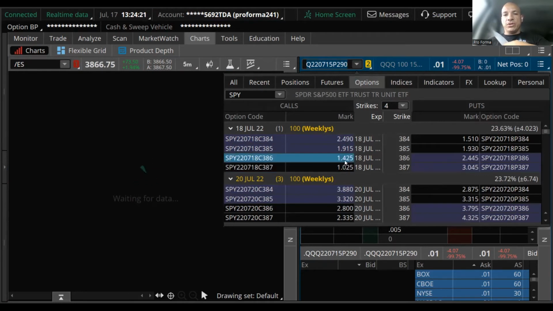Every one of these numbers you multiply times 100. Okay, so that's $142.50. You can rent it for $142.50. You can basically own 100 shares of SPY for $142.50. But that will expire. You renting that will expire on July 18th.